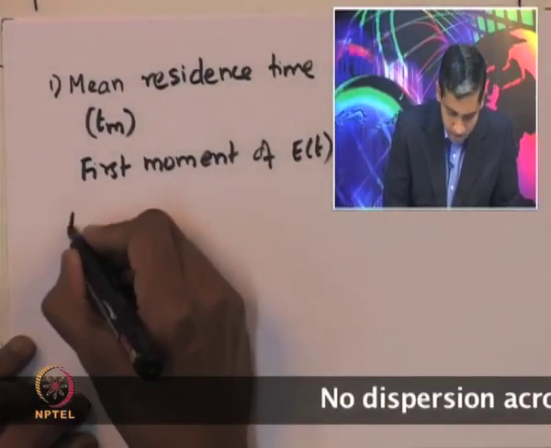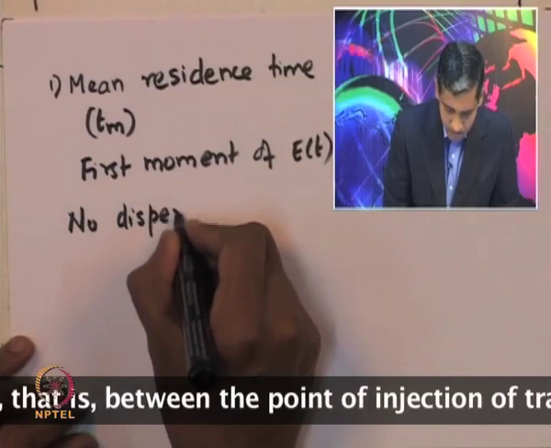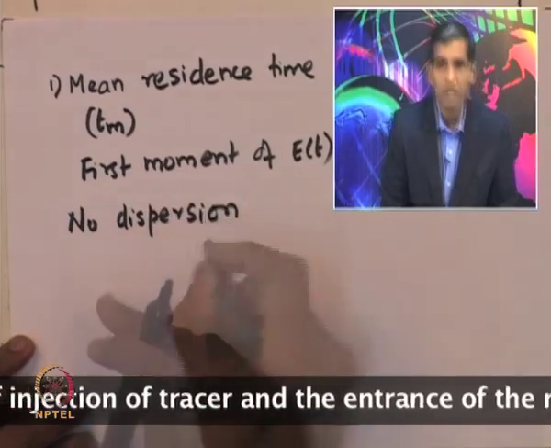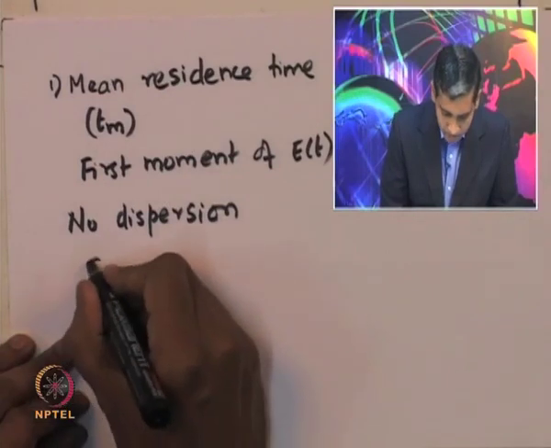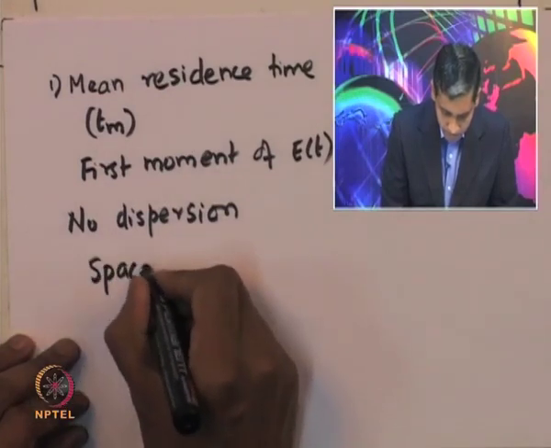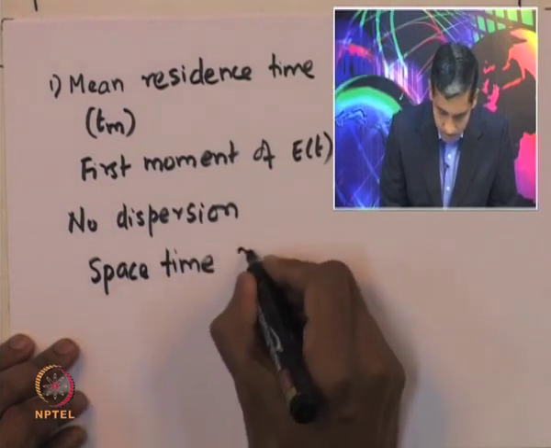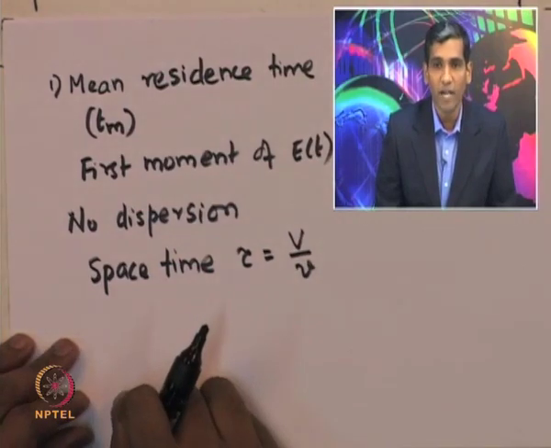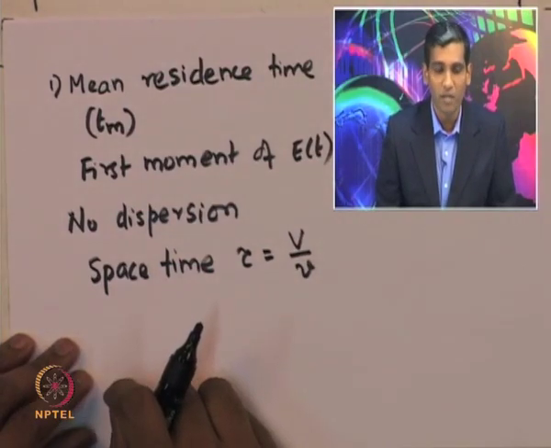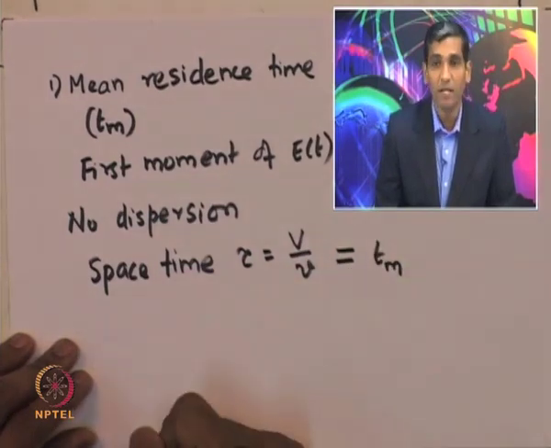When there is no dispersion across boundaries, between the point of injection and the entrance of the reactor, the space time tau, which is equal to V by the volumetric flow rate with which the fluid flows through the reactor, is equal to the mean residence time itself.